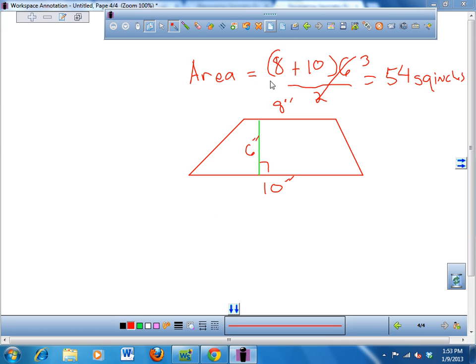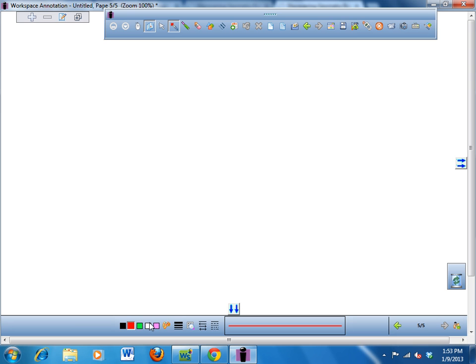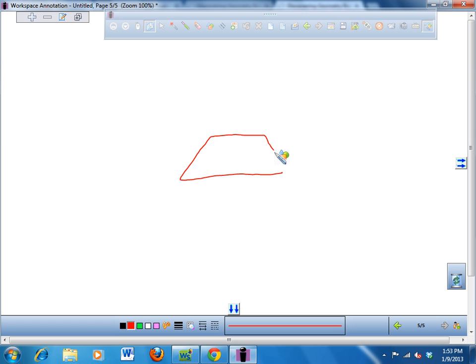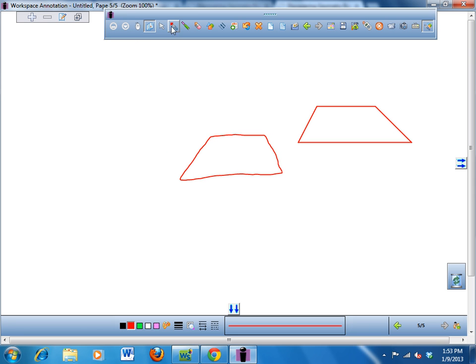Sometimes they do ones which are a little trickier. So I'm going to try to draw another trapezoid right here. Is that going to make a trapezoid? Maybe it only works if I go the other direction. There we go. So here's another trapezoid. Let's change colors. Let's say in this trapezoid the area is 80 square inches.